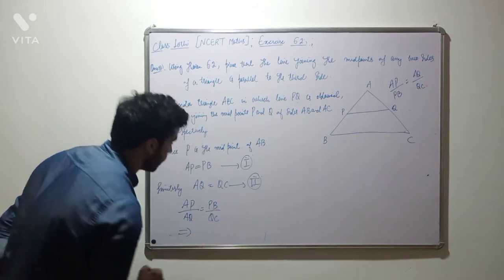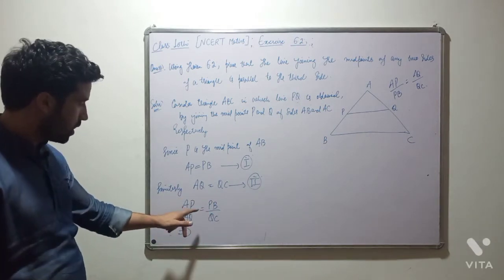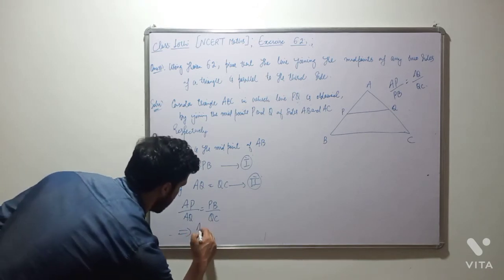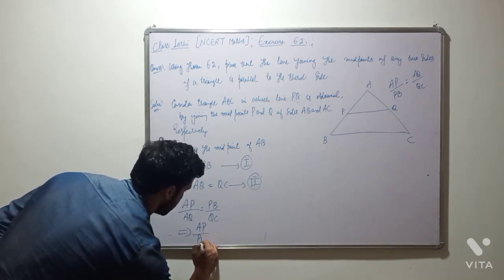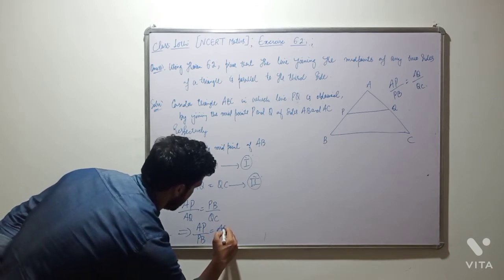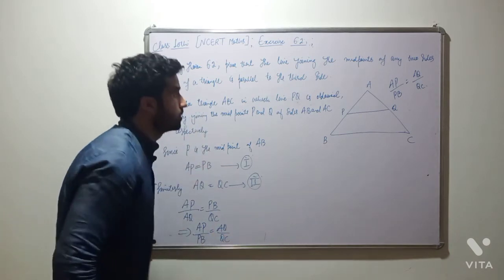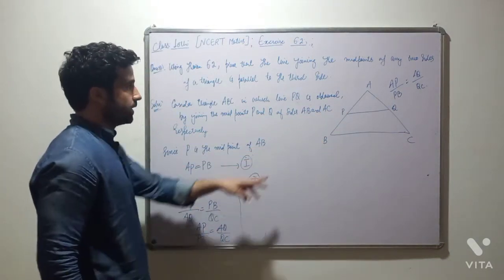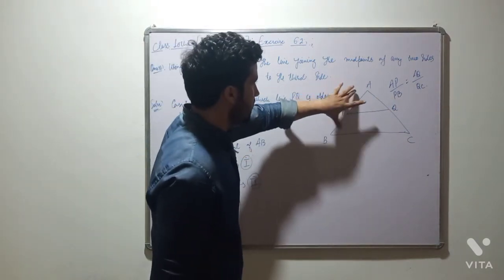Okay, so what does this imply, यहाँ पर हम PB और AQ को आपस में interchange करेंगे and we will get our required result. So this will be AP divided by PB is equal to AQ by QC.